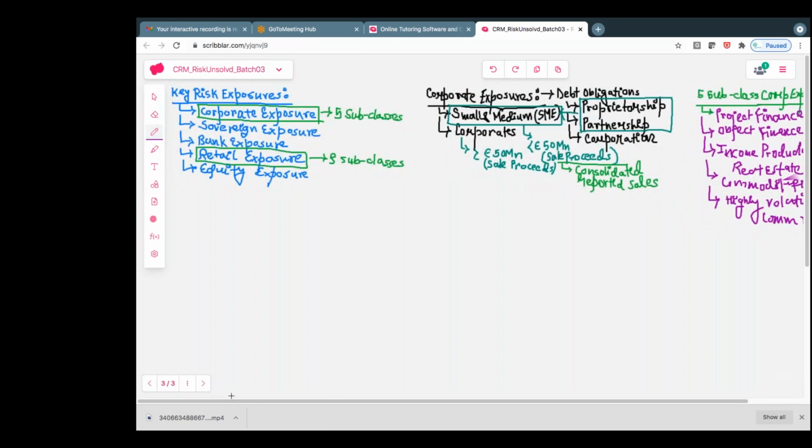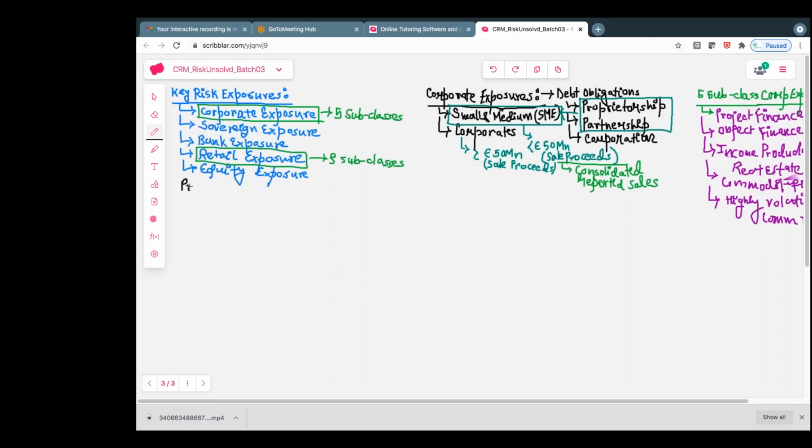Right. So the next part, while we talk about this exposure, will be to define each of these exposures. What are the key characteristics of these exposures?